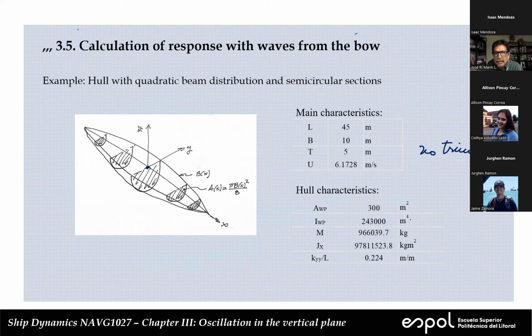This is just the integral of x squared b of x dx from minus L/2 until L/2. This is the mass, okay. So we have the area here, and we can integrate from aft forward and multiply by the density, and that's what we have. So it's about 1,000 tons.